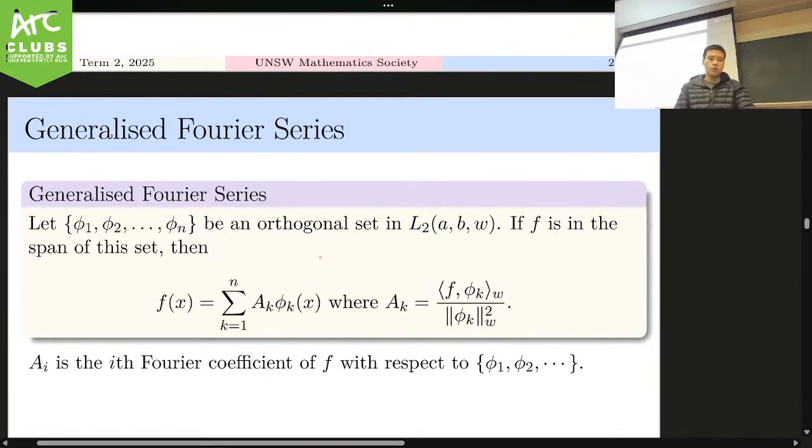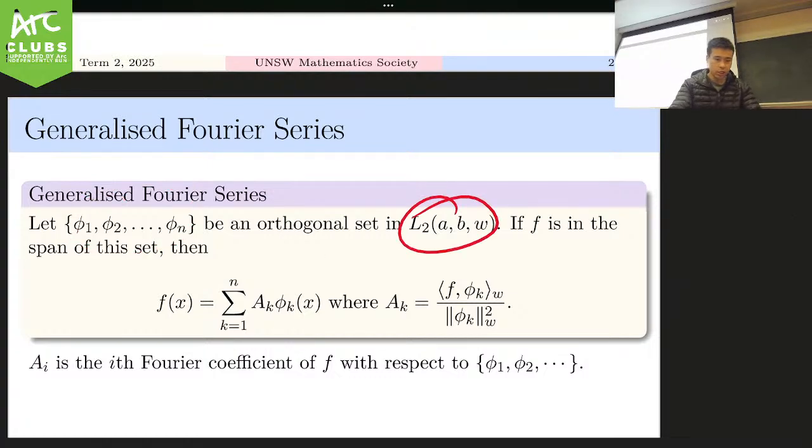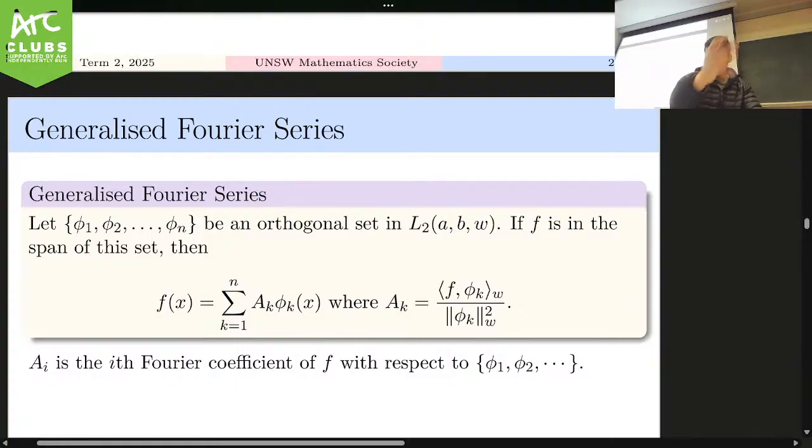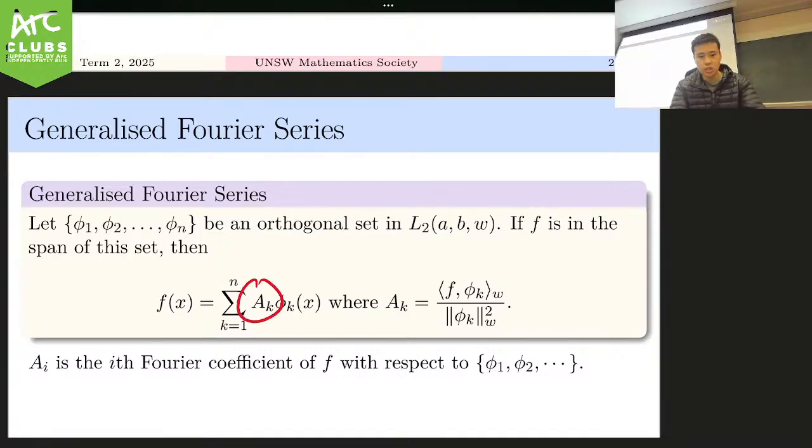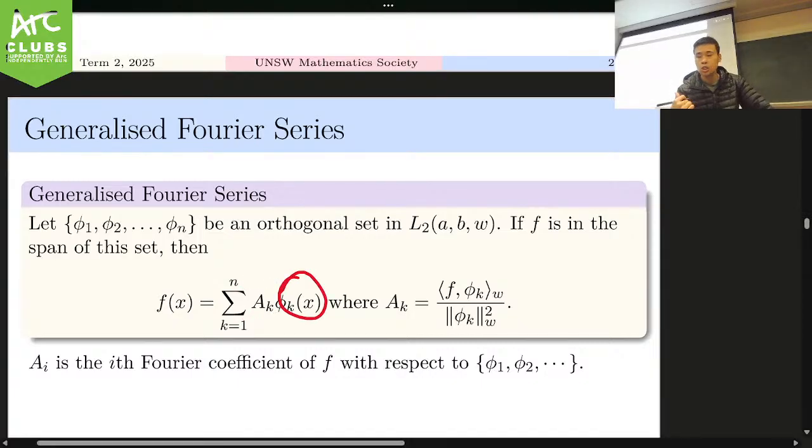So then there's the idea of what a generalized Fourier series is. If we have an orthogonal set of functions on the boundary, under the weights, and f is in the span of the set, where span is the linear combinations that make f, then we can define f as the sum of some coefficient multiplied by each of our functions within the orthogonal set.